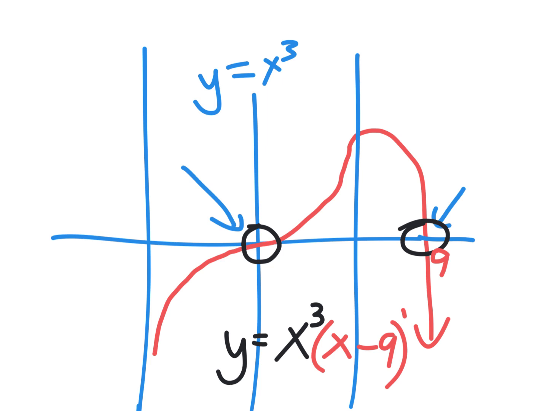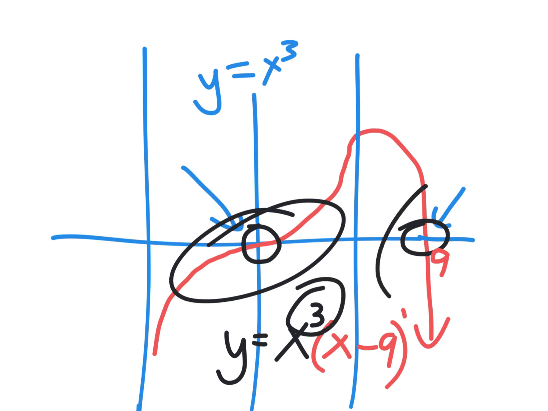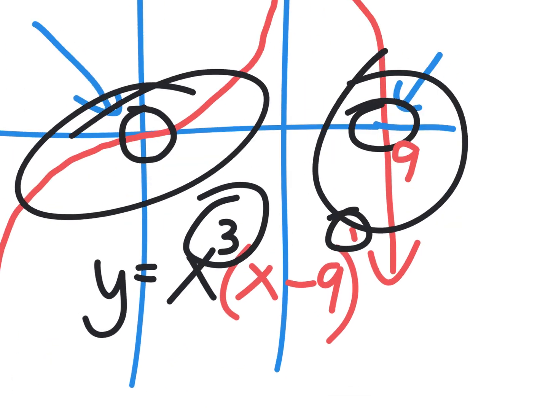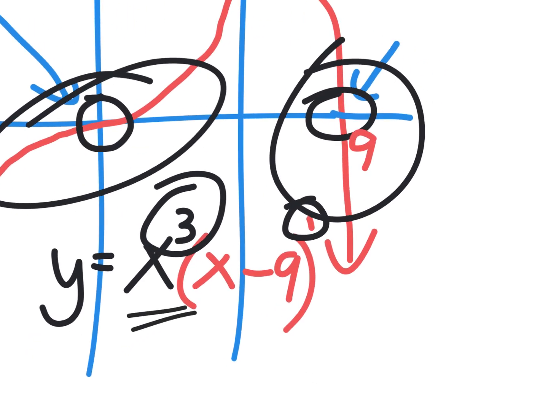All right, so when they talk about the different types of roots, this was a triple root. This was just a single root or a normal pass-through. Okay, so we're going to be factoring things that have x to the third in them, for example.